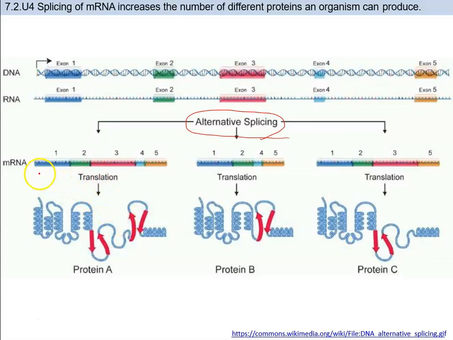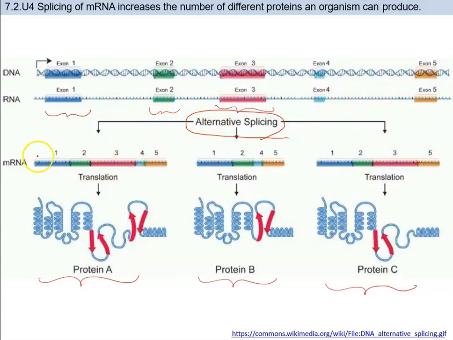So it's the same gene, but just by switching different parts of the mRNA during splicing, it can create protein A or protein B or protein C. As you can see, exon 1 and then exon 2 and then exon 3, 4 and 5.